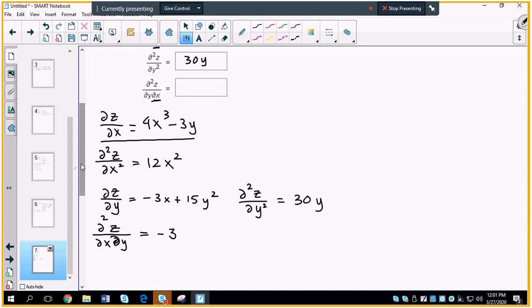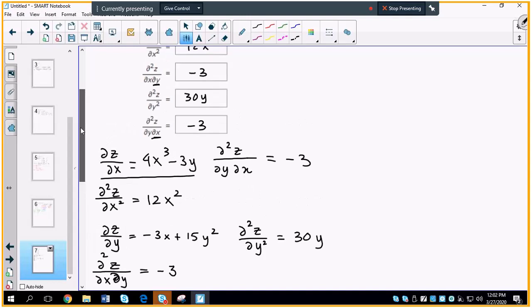Then you do deriving one more time, so del 2z. Now I derive del z del x with respect to y. So I get del 2z del y del x. So look at this term derived with respect to y, and you get a negative 3. And that's your answer to the question.